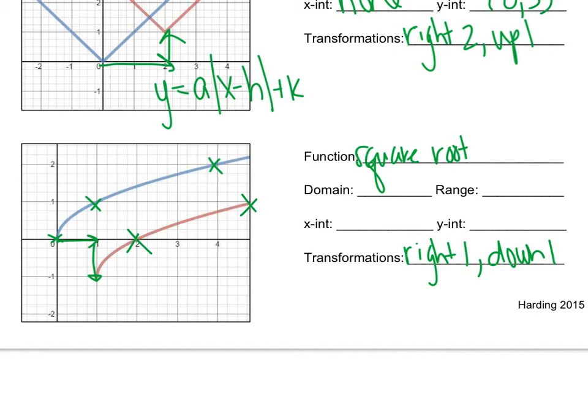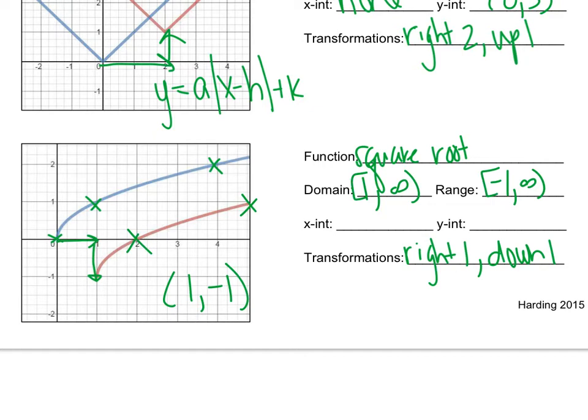For the domain, we start at the h value, or the starting point. So this is going to be from 1 to positive infinity, because we can't take the square root of negative numbers and get real numbers back out. And then for the range, since our graph is continuing up in the positive direction, we start at negative 1 and go to positive infinity.